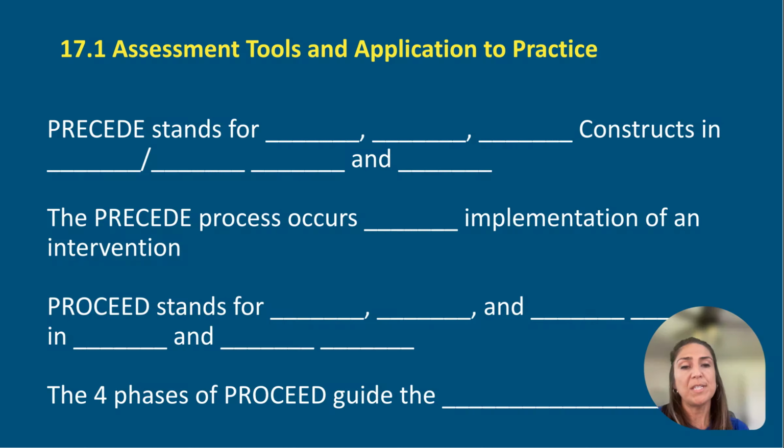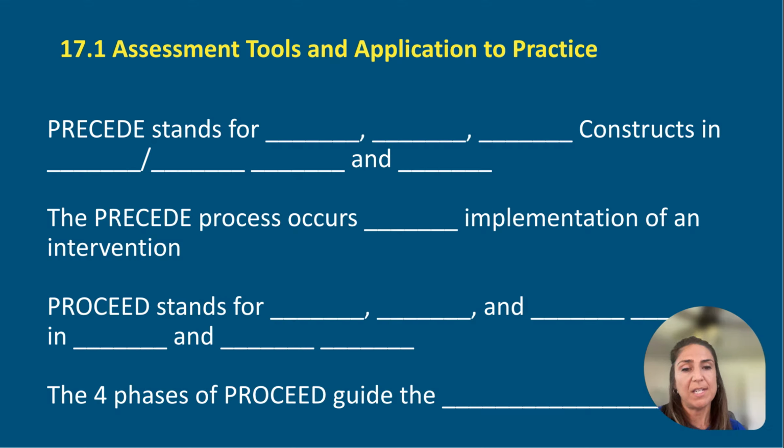Another tool is the PRECEDE-PROCEED model, and this was developed by Green and Kreuter, and it looks at the social, ecological, and population level approach to guide health promotion strategies. So this model is emphasizing the impact of social determinants of health in the community's environment on the overall quality of life for that target population. So PRECEDE stands for predisposing, reinforcing, and enabling constructs in educational and environmental diagnosis and evaluation.